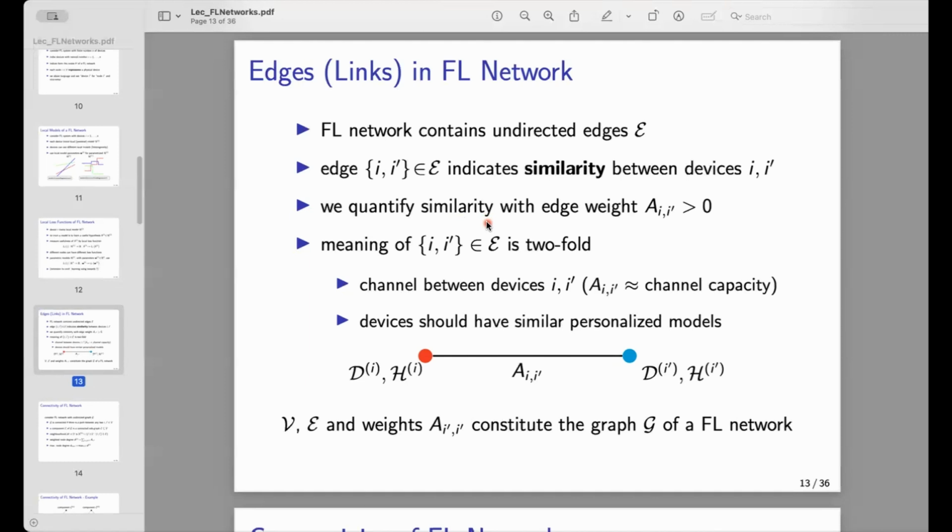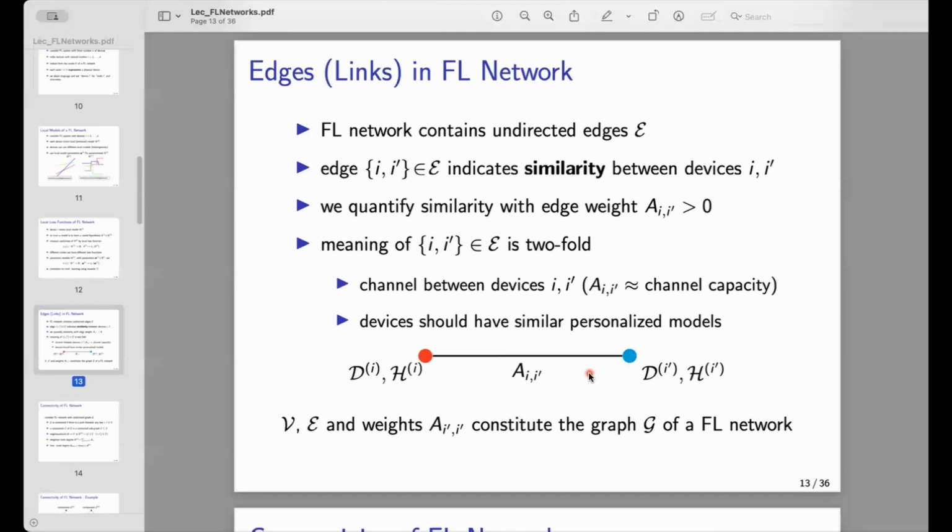And these federated learning algorithms then use the edges to couple the training of personal or local models. So if we have an edge between two devices or two nodes, then this means our federated learning algorithms will make sure or will try to have similar model parameters at those connected nodes.